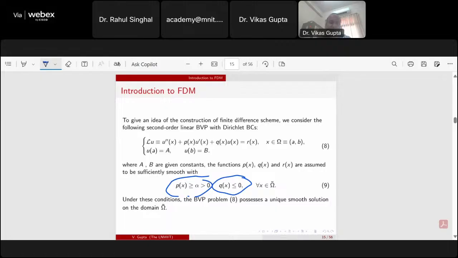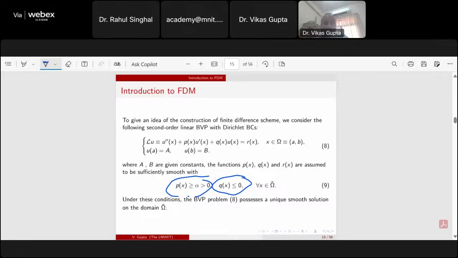These conditions on coefficient functions P and Q ensure the existence of a unique smooth solution. Theoretically, with the help of a discrete and continuous minimum principle and stability estimate, we can show that there exists a unique analytical solution to this boundary value problem.